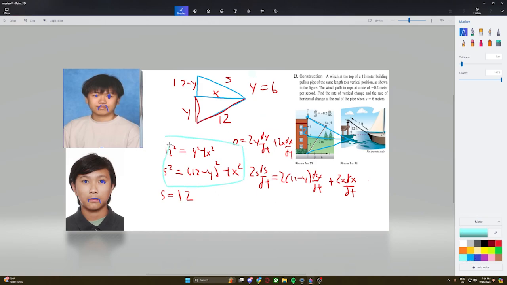If you plug in 6 for y, you'll realize s equals 12, and so we'll find the derivative of both equations, like this one, but it's negative here.